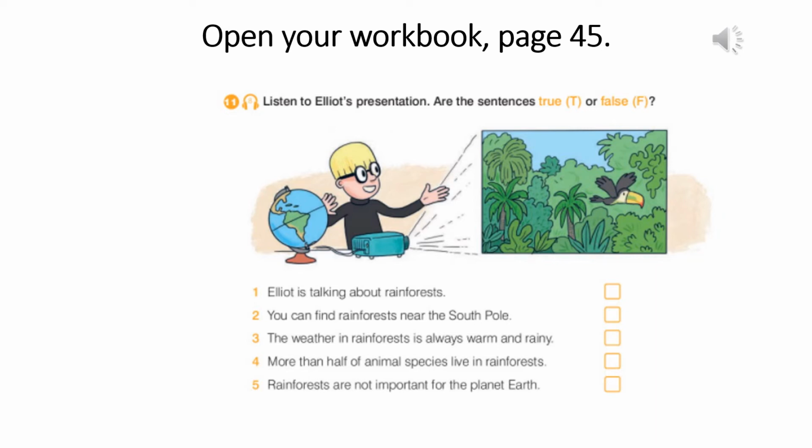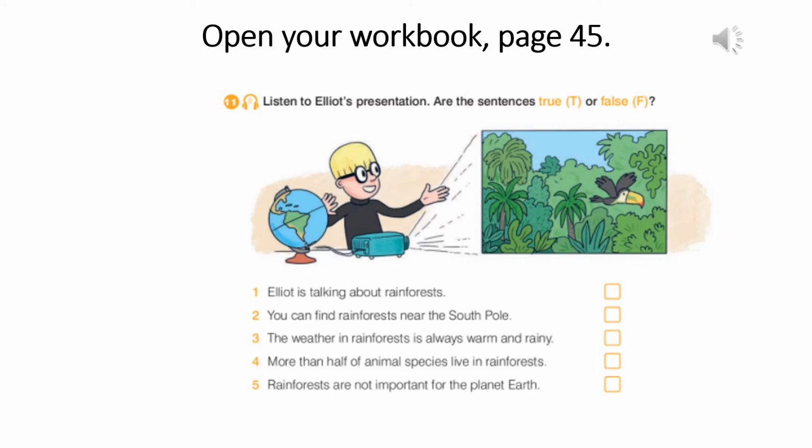Good morning. My name is Elliot, and I'm going to talk about the rainforests. You can find rainforests near the equator in Africa, Australia, Asia, and America. Why are they called rainforests? Because it's always rainy there.